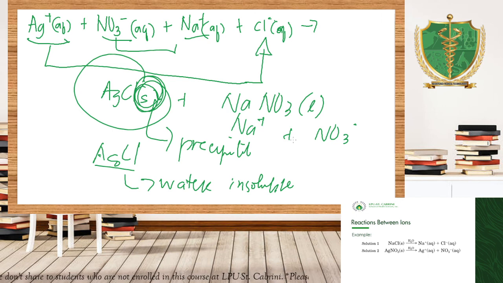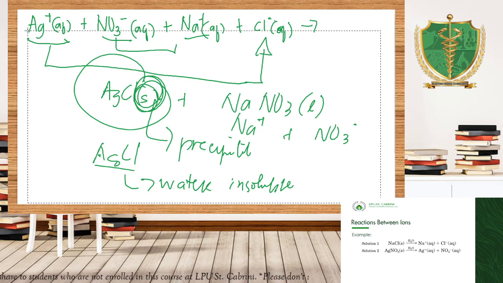Okay? Now, what do we call that? That is what we call net ionic equation. When we say net ionic equation, it is the equation that shows ions that form a precipitate. Okay?